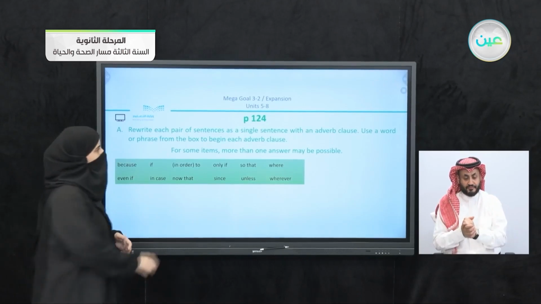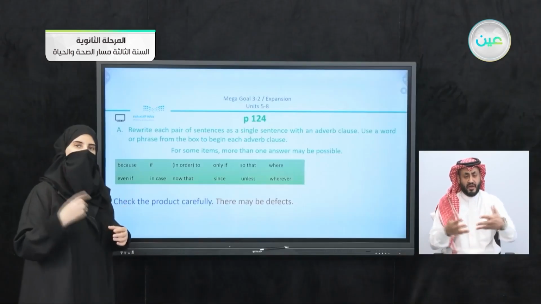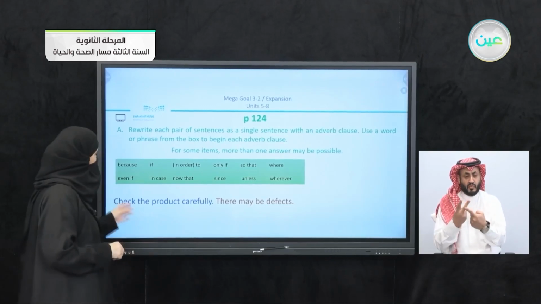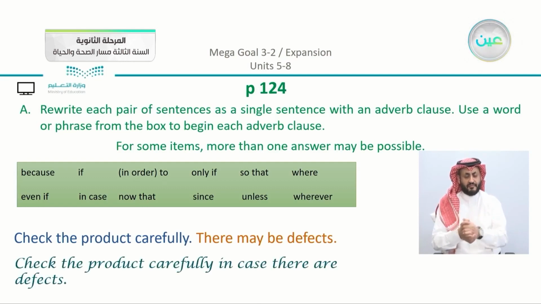We are going to combine the sentences into one sentence. Here you can see that we have 2 sentences. The first one, check the product carefully. There may be defects. Now we are going to combine them together by writing, check the product carefully in case there are defects.